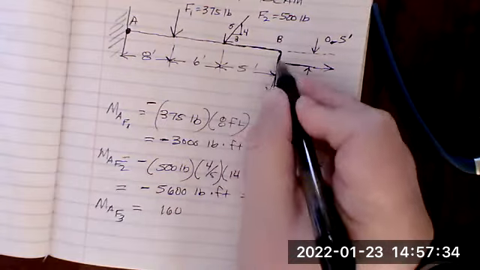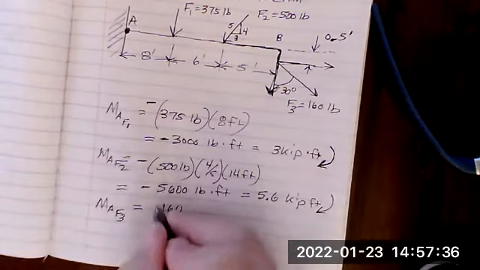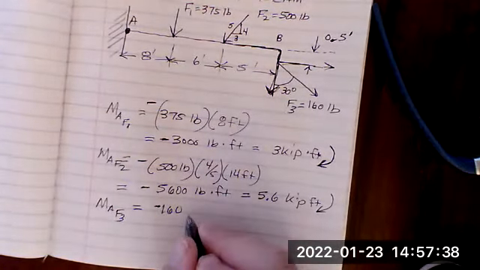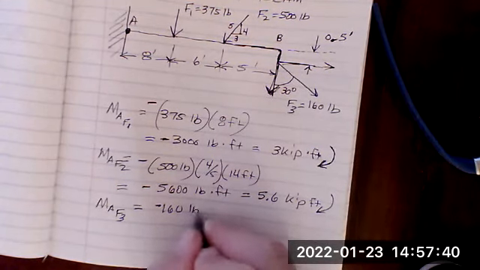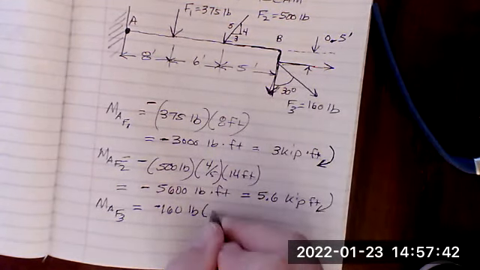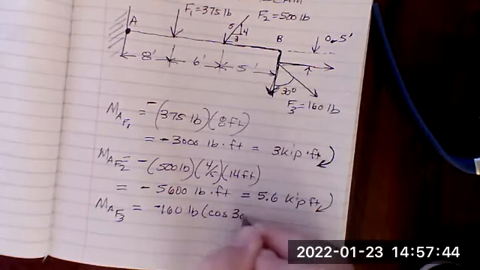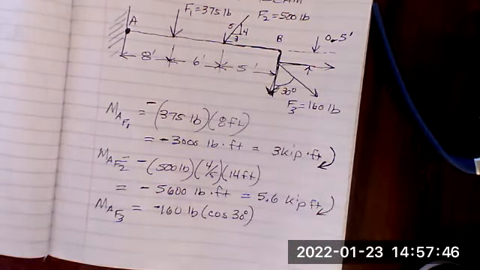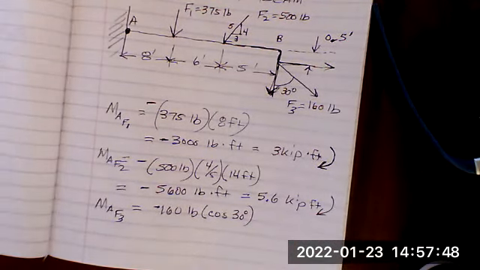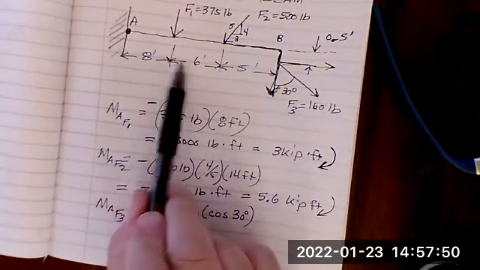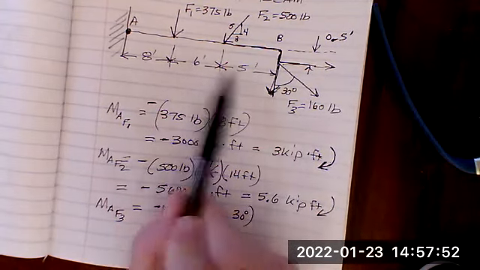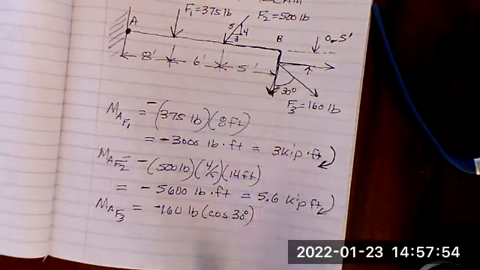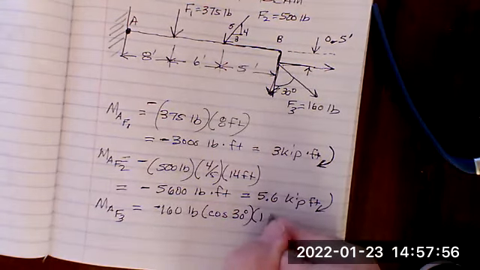This force here is causing clockwise rotation, so it's negative 160 pounds times the cosine of 30, times this moment arm of 8 plus 6 is 14 plus 5 more makes 19 feet.